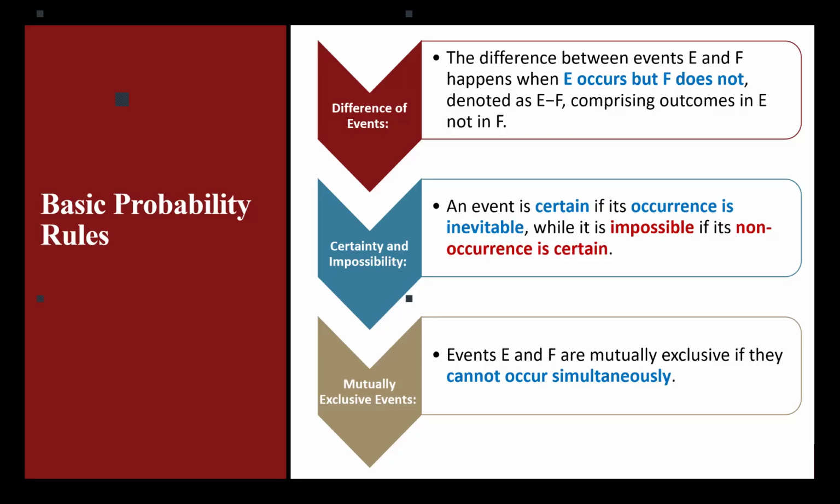And the impossible one is that there is no way that element would happen, or from another perspective, the non-occurrence of that outcome is certain. Are we good? That would be probability 0.